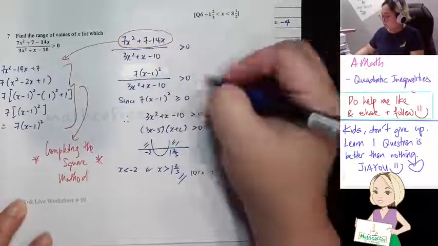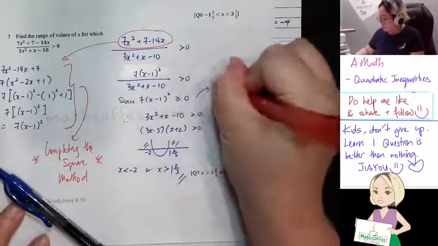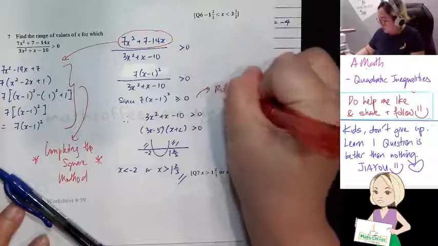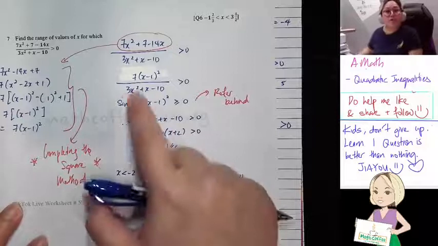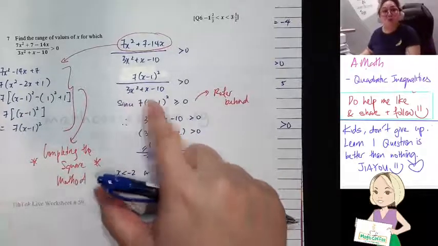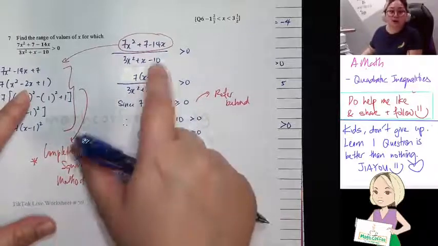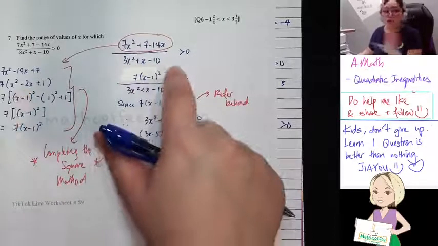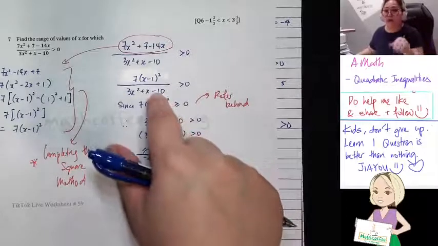Okay, so I'm going to just put at the side here. This one can refer back. So now I have shown you why this expression is always more than or equal to 0. Then again, the numerator can only be positive, so I need my denominator to be positive. Understand?